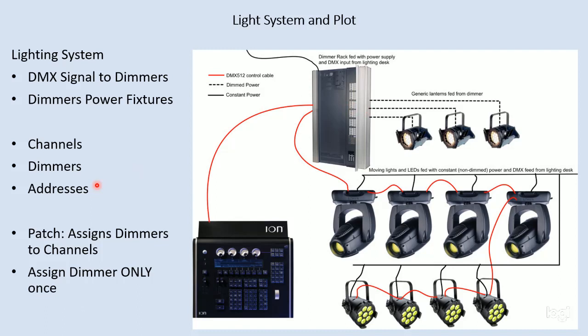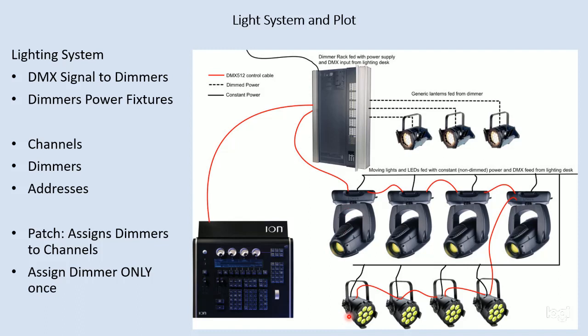The next thing we're going to talk about are addresses. I'll go into more detail on addresses when I start talking about moving lights and LEDs. But in order to control a moving light, it requires a series of addresses: one for pan, one for tilt, one for intensity. Unlike a dimmer that just uses one address per dimmer, a moving light might use dozens.